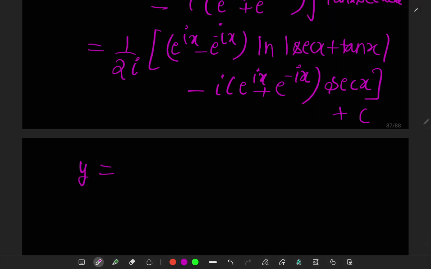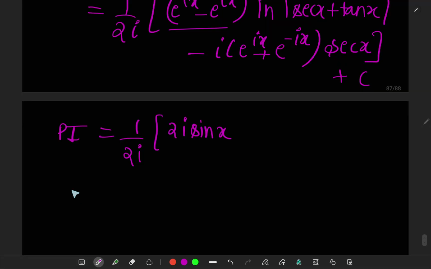So we can write here y is equal to particular integral is equal to 1 by 2i, and we can write here this term 2 iota sin x here.